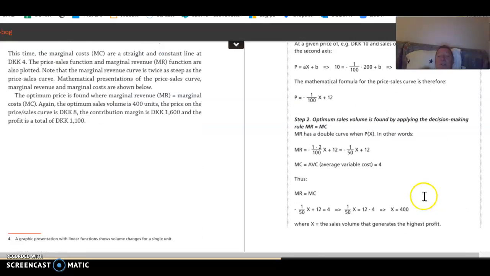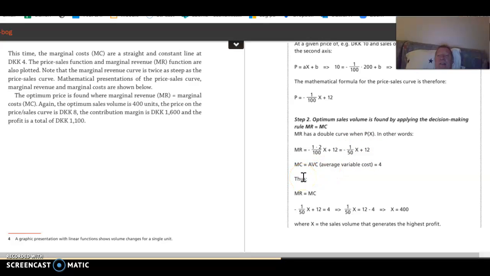So therefore the marginal revenue is minus 1 divided by 100 multiplied by 2, and therefore you get the double slope plus 12, and it equals this formula: minus 1 divided by 50 x plus 12. It is the marginal revenue curve.